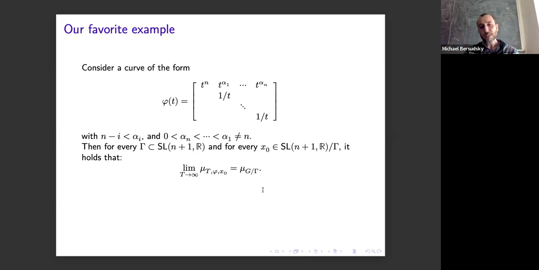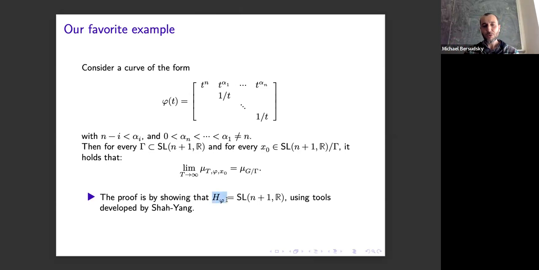The idea to prove this is that we just need to show that this group H phi is the full group SL N plus 1 R, and this uses those tools developed by Nimish and Pengyu. Okay.